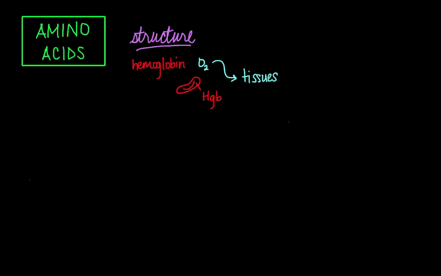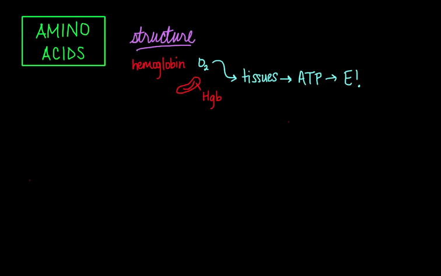Hemoglobin goes by the lungs, picks up oxygen, and delivers it to the tissues, which are just groups of cells of a similar type. Each of the cells in these tissues then takes the oxygen and uses it to generate adenosine triphosphate, or ATP, which is the energy source for all of the various metabolic processes that go on within our cells to help keep us alive.